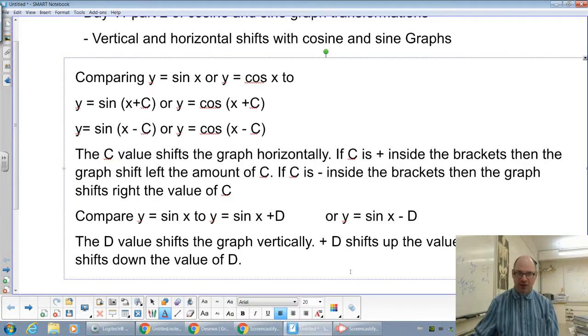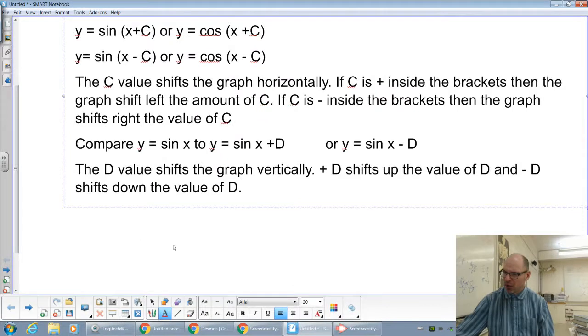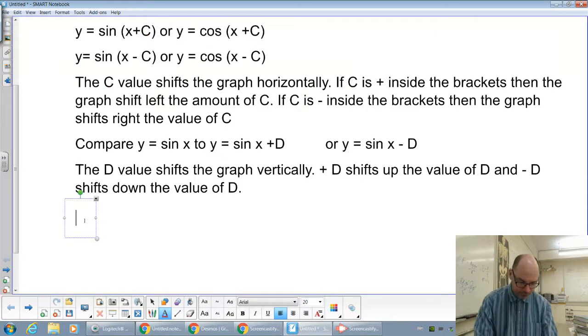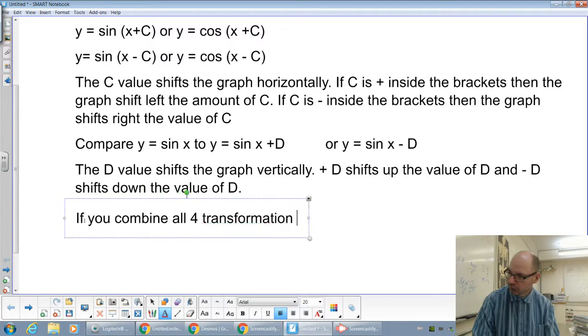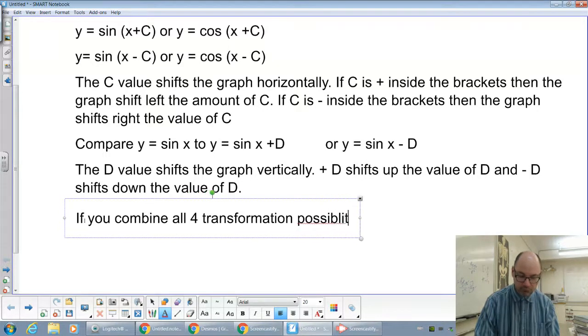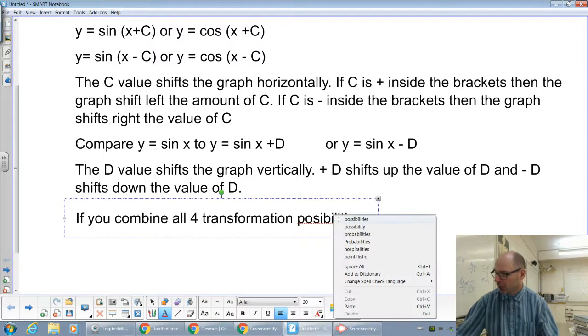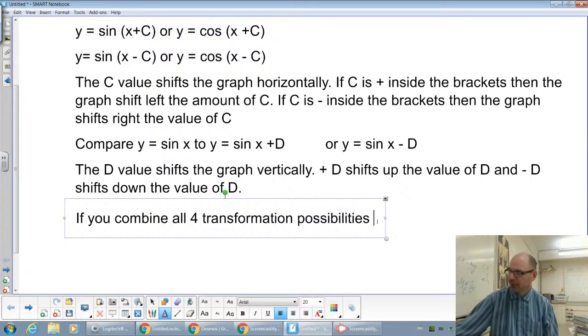So we can generalize now. Let's combine. If you combine all 4 transformation possibilities, the equation looks like this.